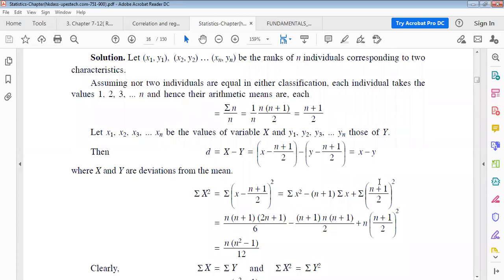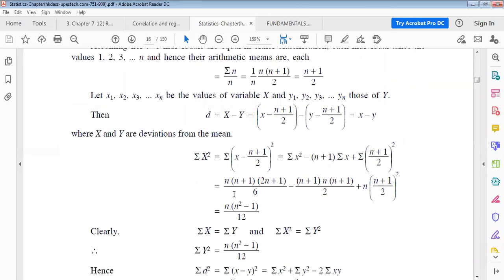And the term summation n plus 1 by 2 whole square occurs n times, because there are n frequencies, so it is n into n plus 1 by 2 whole square. Now, taking LCM and taking n plus 1 by 2 common, we get this result.